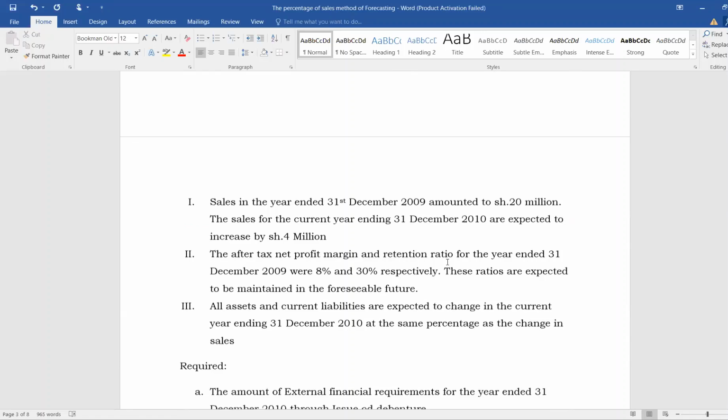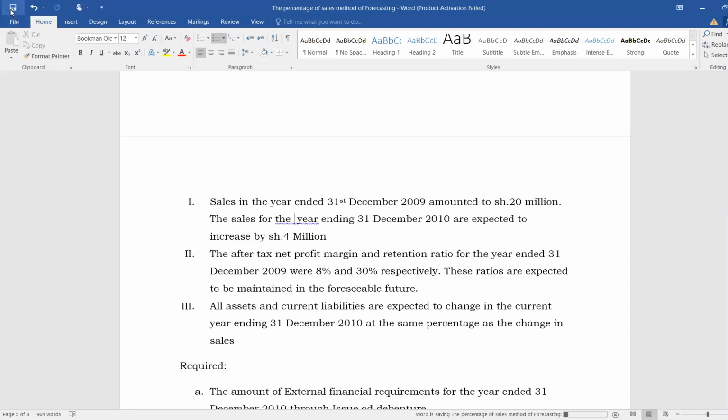So that means these are sales for the current year. Sales for the year ending 31st December 2010 are expected to increase by 4 million.